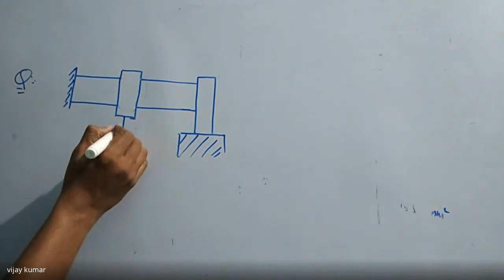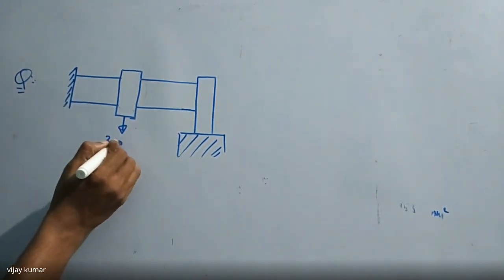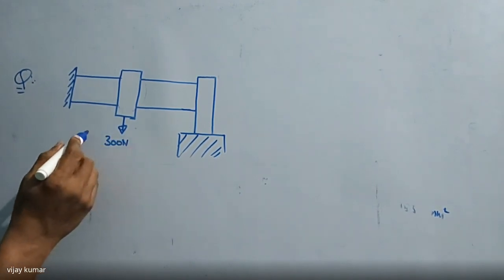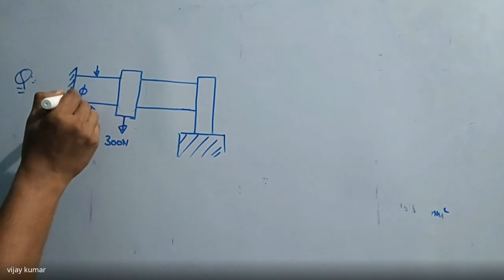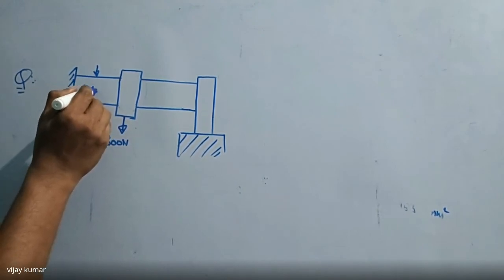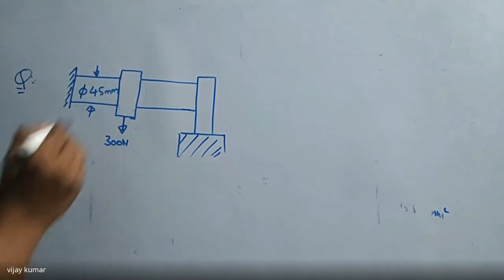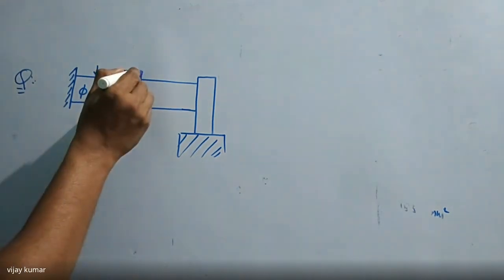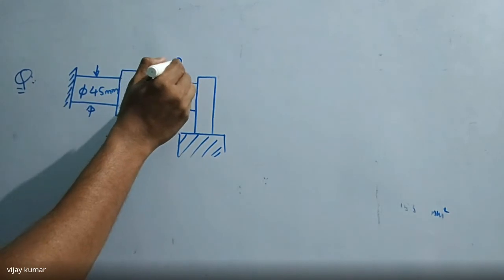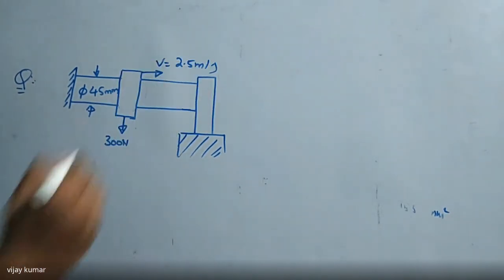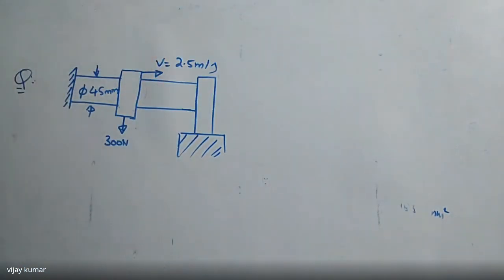The block has a weight of 300 newtons. The diameter of the bar is 45 mm. The block slides on the bar, which is a cylindrical rod of diameter 45 mm.